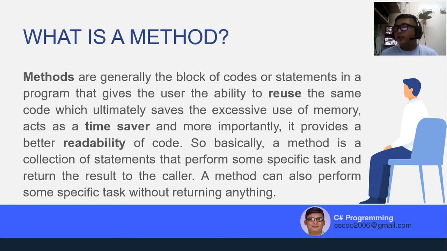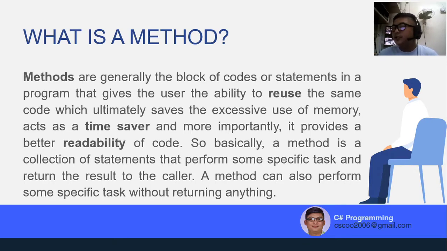Okay, so it actually saves the excessive use of memory, since if you have a method in your program, you don't have to repeat the sequence over and over again. All you have to do is call the method whenever you need it, and it will execute as needed to perform. So basically, it provides better readability of the code.